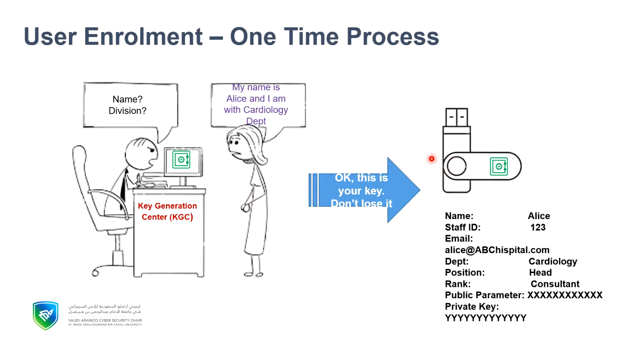All right. So this is a one-time process. When the user joins the system, you get your private key, and after that, that's it. Until the user is revoked, or until the user changes the set of attributes, then the user comes back to the KGC to get a new secret key.